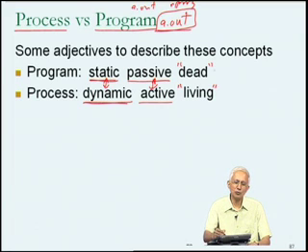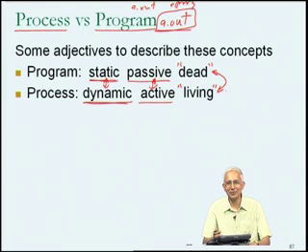Now, these two terms are not entirely satisfactory, because whether something is dead or living would depend on the time scale at which one is viewing the object. For example, if you go to a forest and look at a tree, you may assume that the tree is dead, but with a little knowledge about the tree, you realize that the tree is living. It is respiring, doing things relating to nutrition and so on.